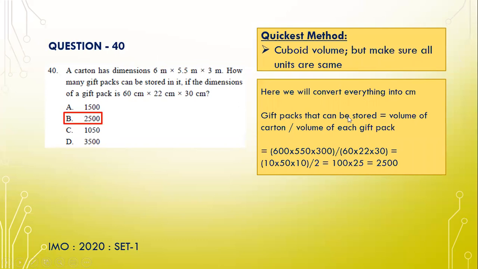What is the volume of the carton? It is 6 meters, which is 600 centimeters, into 5.5, which is 550 centimeters, into 3 meters, which is 300 centimeters, divided by the volume of each gift pack, which is 60 into 22 into 30. If you divide this, it will be 2,500. So 2,500 such gift packs can be stored.